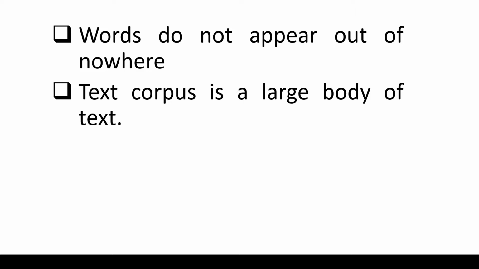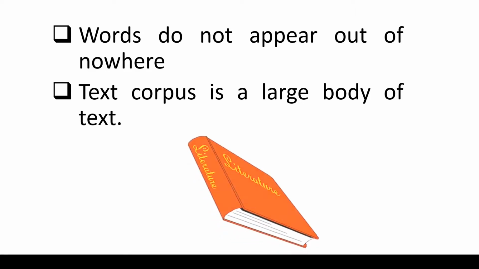Generally speaking, a corpus or corpora is designed in such a way that we can find a careful balance of material in one or more genres. What is the meaning of this when we say careful balance? Let's consider a certain book about English literature.